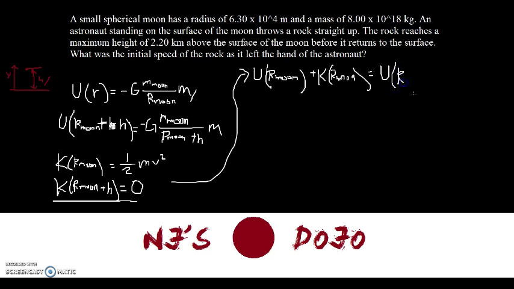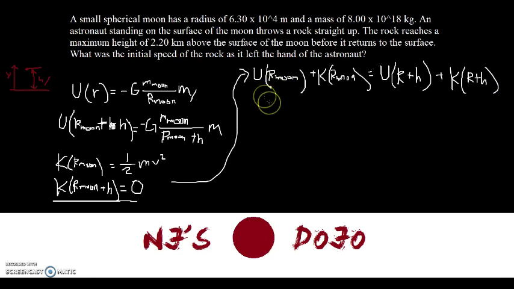Let's just write R for the radius of the moon to save time. I'm sure it's understandable.